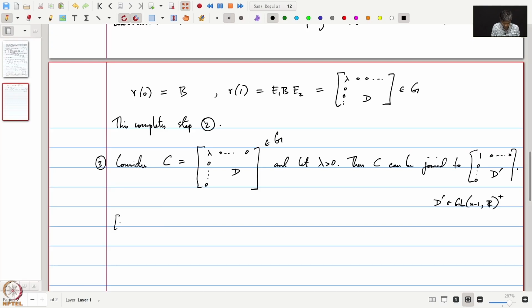So, how do we do that? We look at this path. We look at this matrix: t times lambda inverse plus 1 minus t. This is the diagonal matrix.